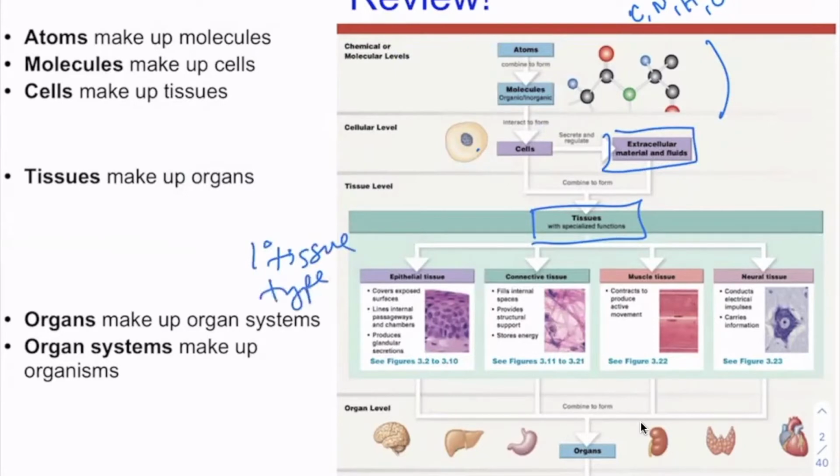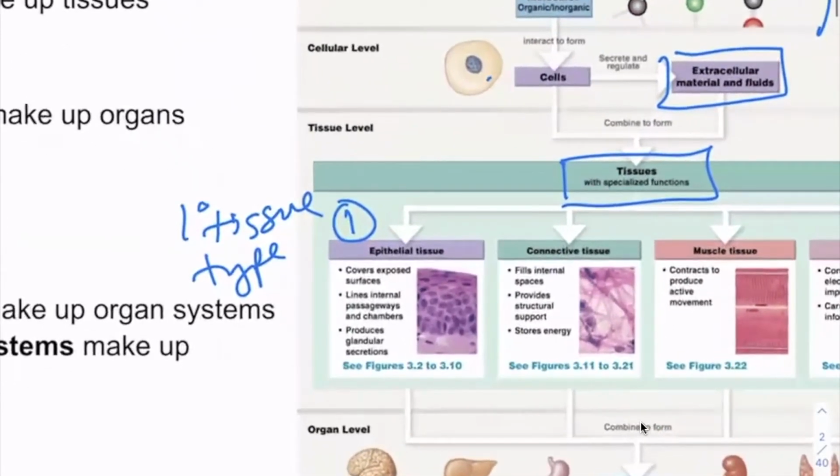The 4 primary tissue types consist of 1, epithelial. Epithelial covers exposed surfaces, lines internal passageways and chambers. So it would line the chambers of your heart, like the atrial and ventricular chambers, and there are also epithelial tissues around the outside of the heart as well.